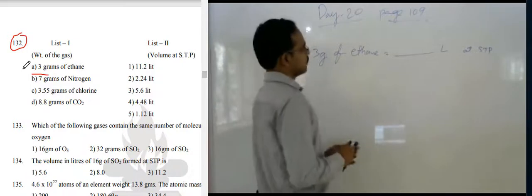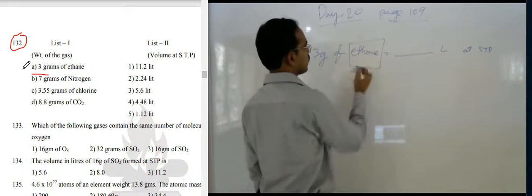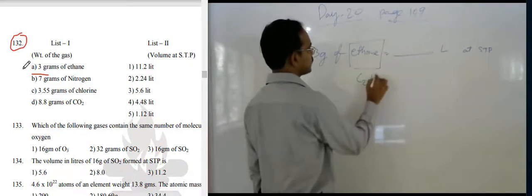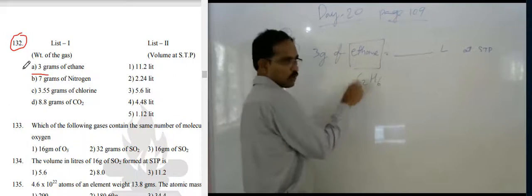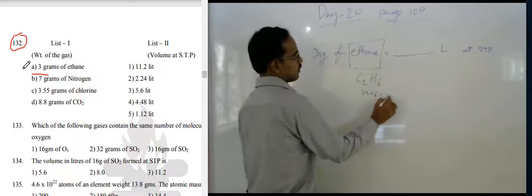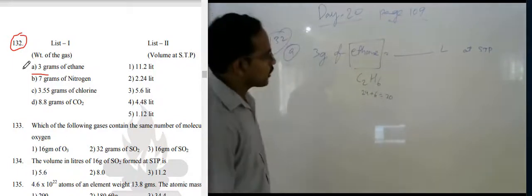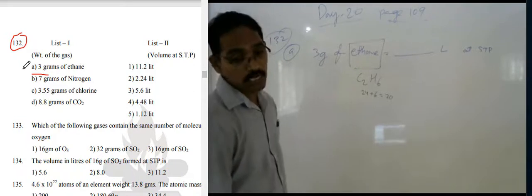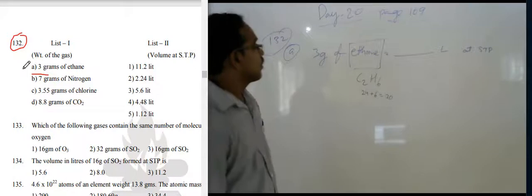You have to know here ethane molecular mass. Ethane makes C2H6. Carbon 12. 12 plus 12, 24, plus 6, that equal to 30. Ethane molecular mass is 30. Okay.